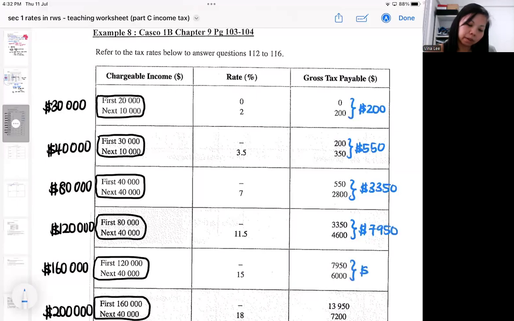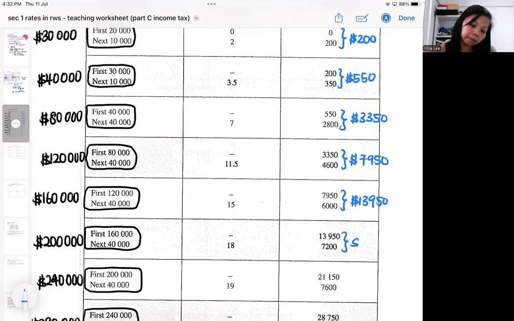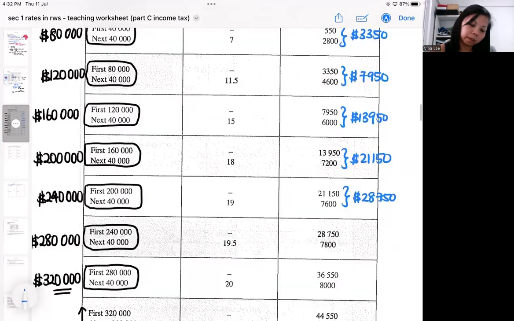So total up everything first, then we work backwards from this list.